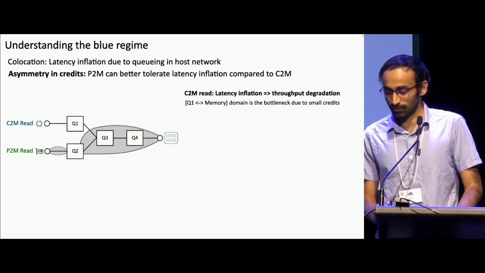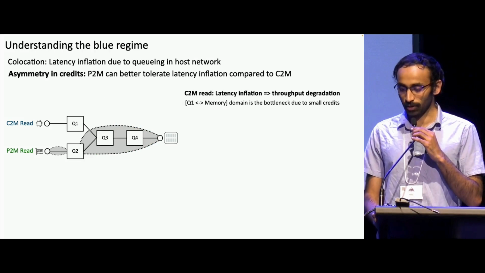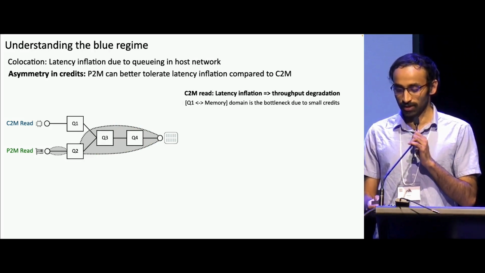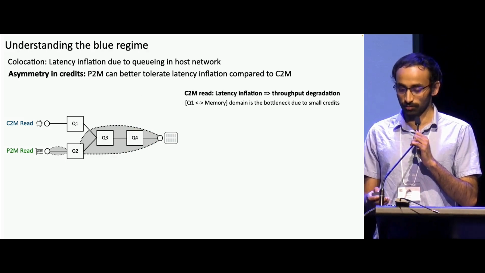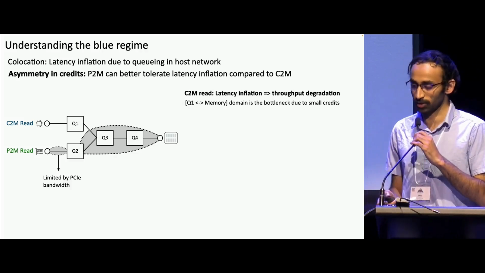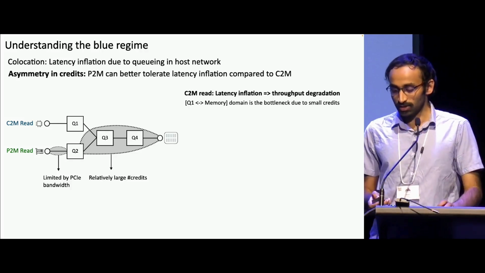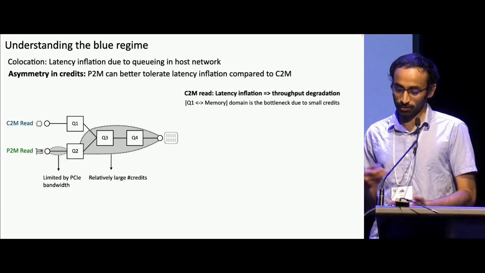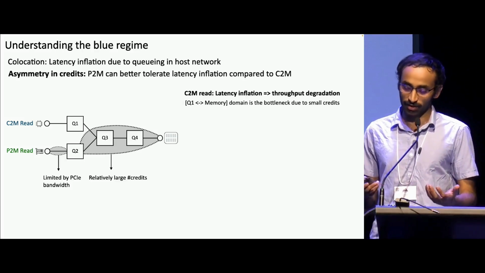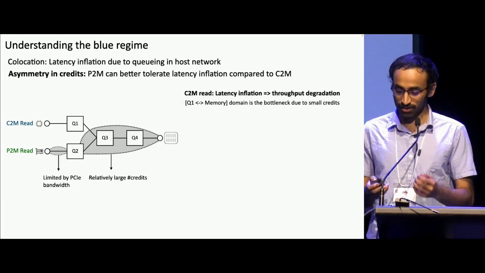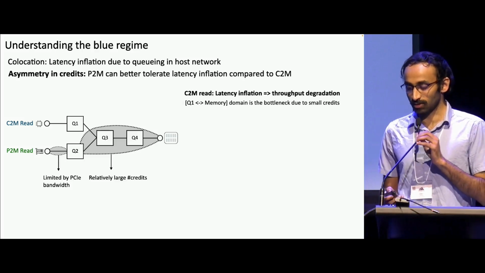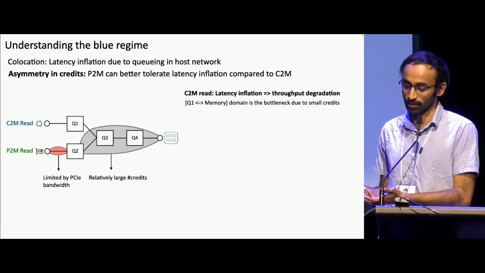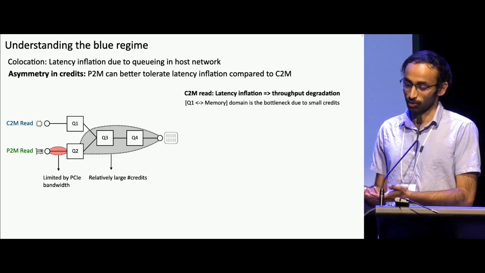Let's look at what happens for P2M read. Here, we similarly have two domains, but the left side domain's throughput is limited by the peripheral interconnect bandwidth, or the PCI bandwidth. The domain on the right-hand side, when the system is not loaded, has more than enough credits to sustain the PCI bandwidth. As a result, when the system is not loaded, the domain on the left-hand side is the bottleneck, and the credits for the right side domain are not fully utilized.